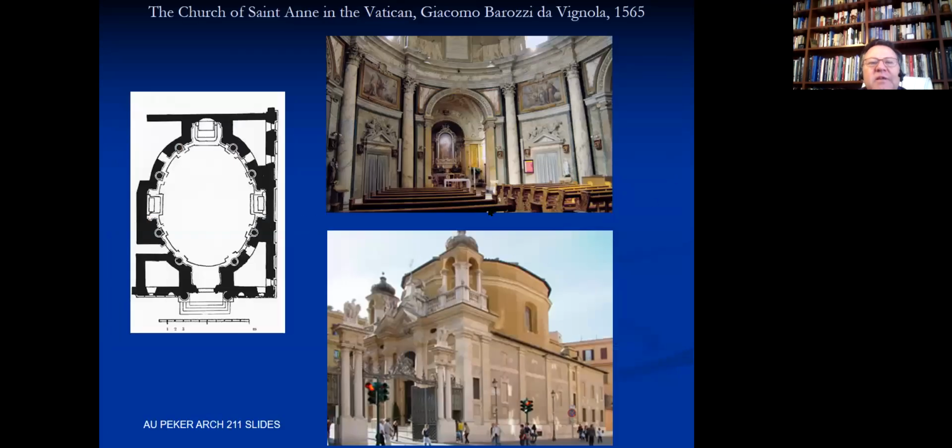Vignola, in his Church of Sant'Anna in the Vatican, introduced an oval church, now radical attitudes really. Here we have an oval church, but nothing more than that. Probably you could also regard these pilasters, plasticity, heralding later Baroque, but every element here is classical, capitals, columns, and cornices, everything classical.